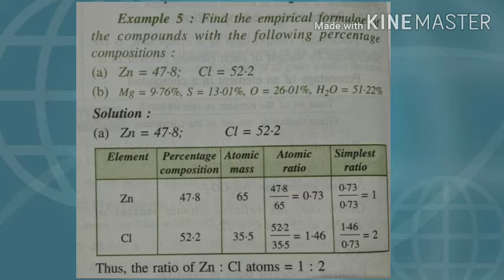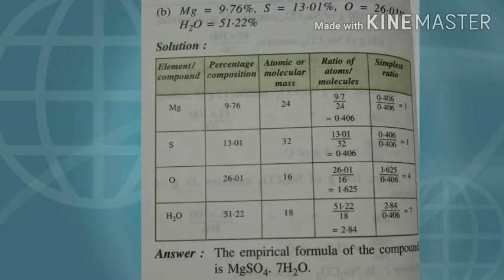So here we got the empirical formula as ZnCl2. This is the way by which we calculate the empirical formula of a compound from the percentage composition. Clear? Let us do another example. Find the empirical formula of the compounds with the following percentage composition.